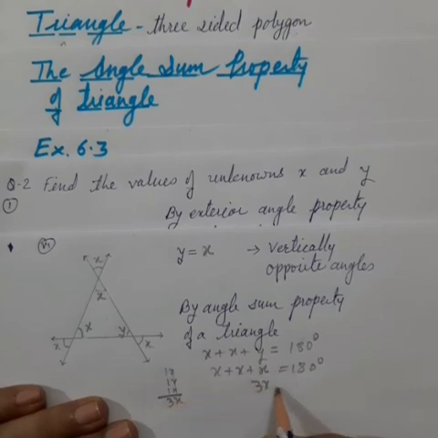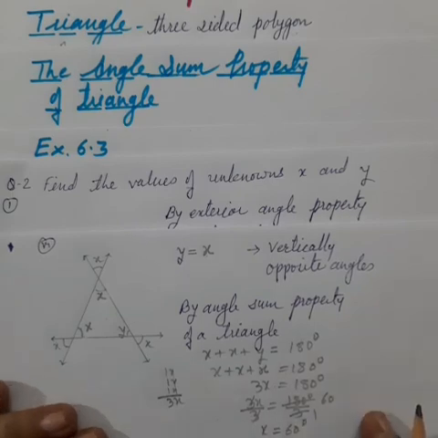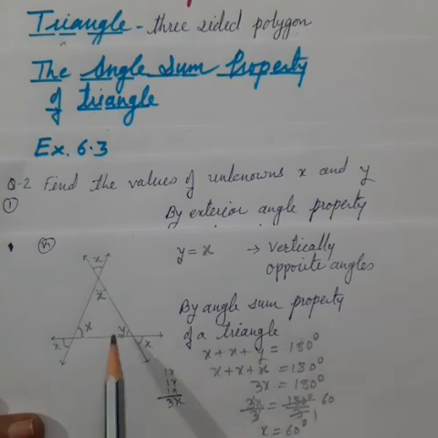So 3x equals 180 degrees. We don't want this 3, so divide both sides by 3. So 180 degrees divided by 3, this 3 will cancel. x equals, 3 ones are 3 and 3 sixties are 180, so we will get x equal to 60 degrees. The measure of each angle of the triangle is 60 degrees.